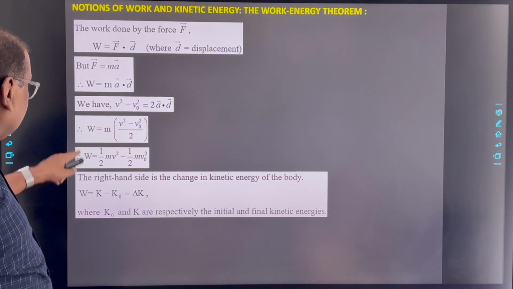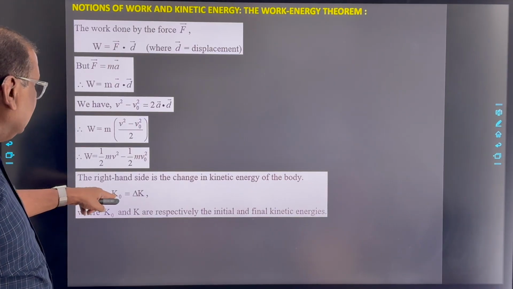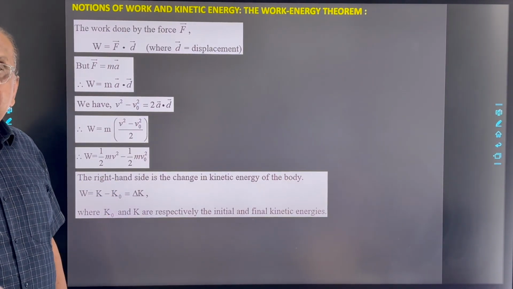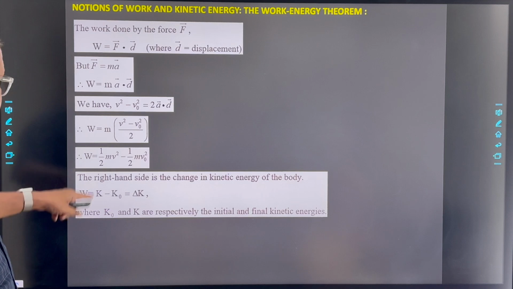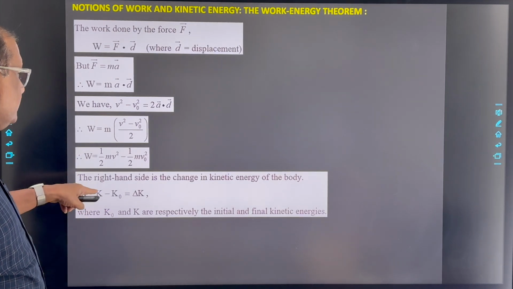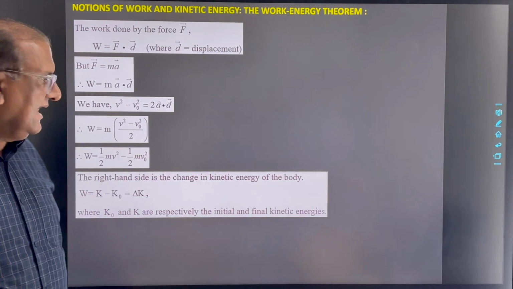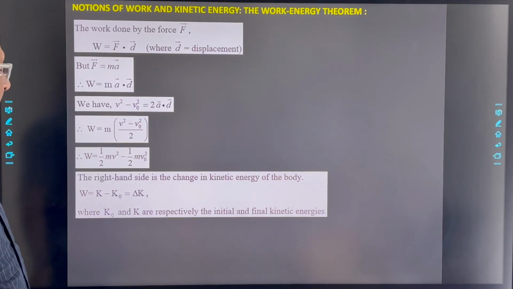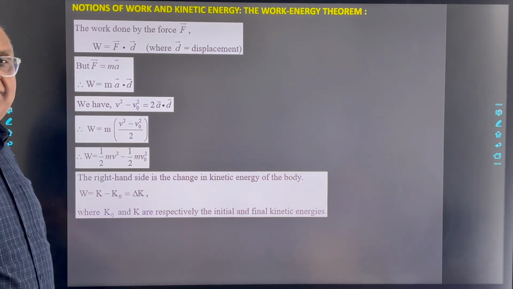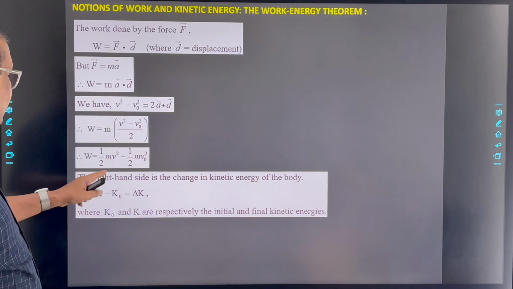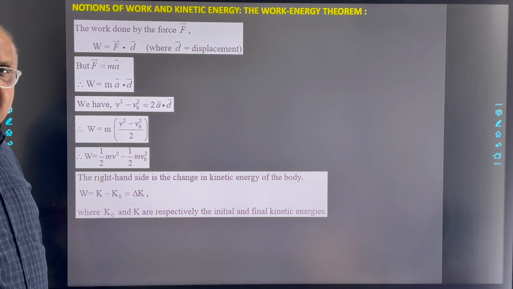So we can write W equal to K minus K0, which is delta K. It implies that W is equal to the change in kinetic energy of the body. Clear? K is the final kinetic energy, K0 is the initial kinetic energy.